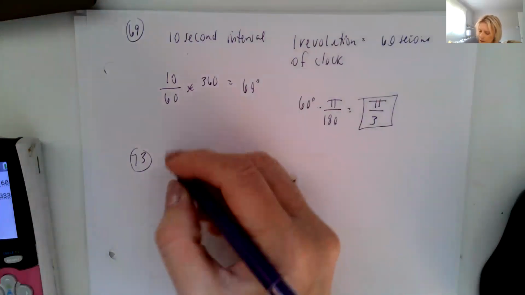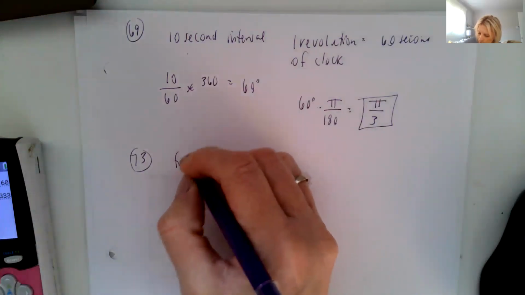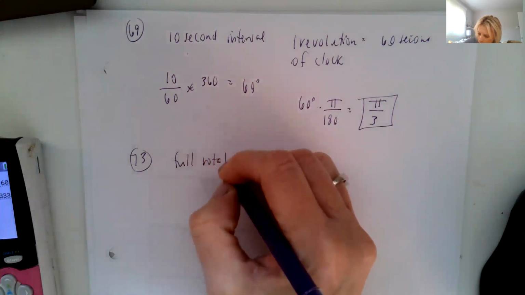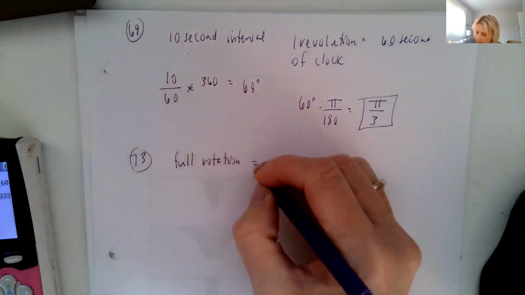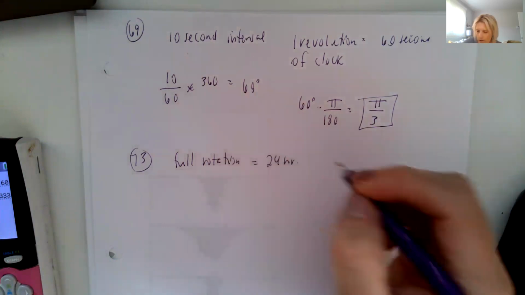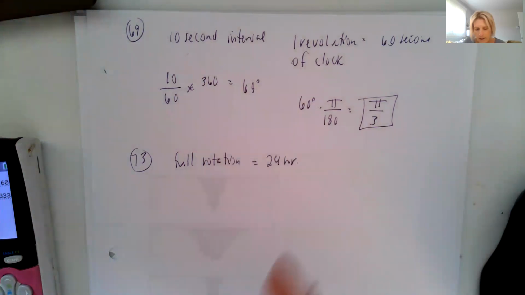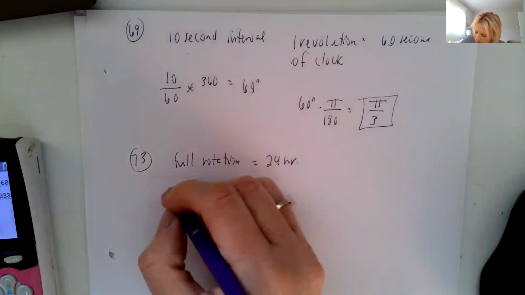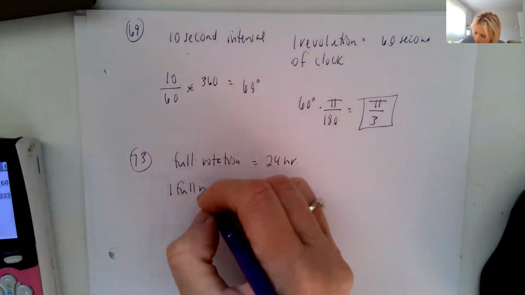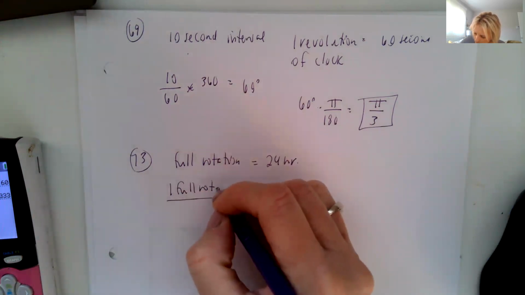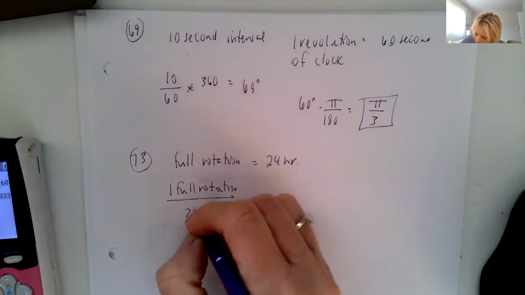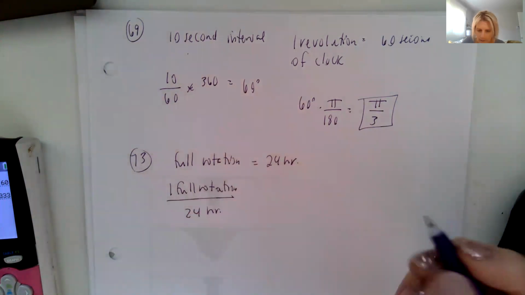Okay. So full rotation. So let's just write out what we know is true. Full rotation is every 24 hours. And any true statement can be written as a fraction. So 1 full rotation per 24-hour period.